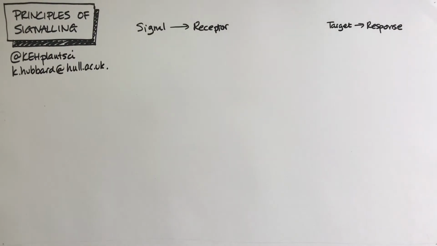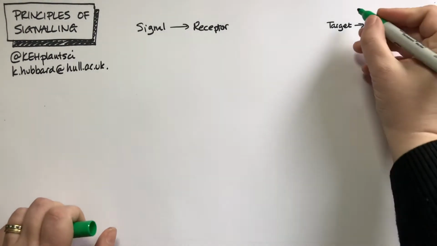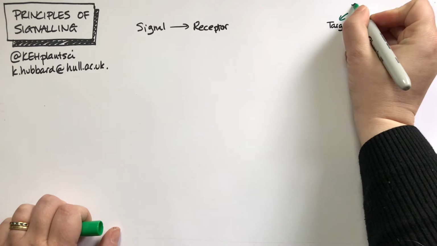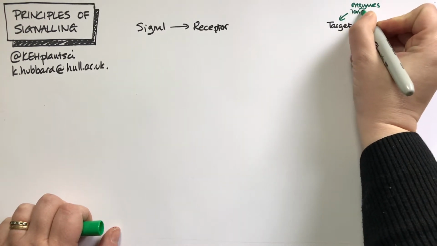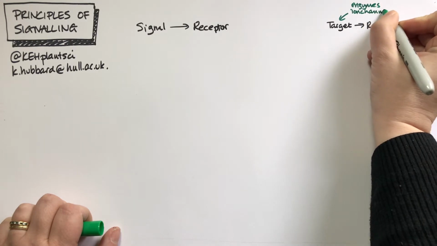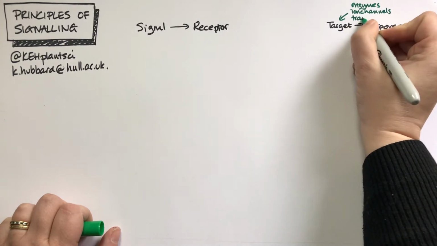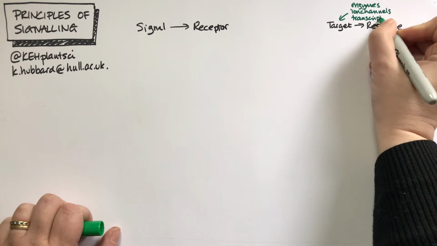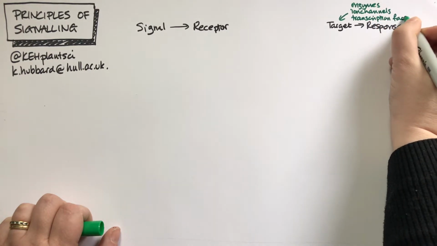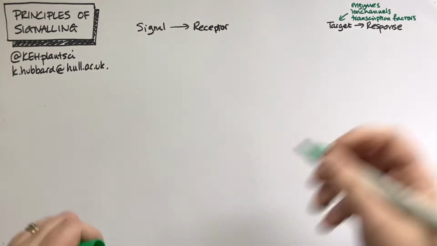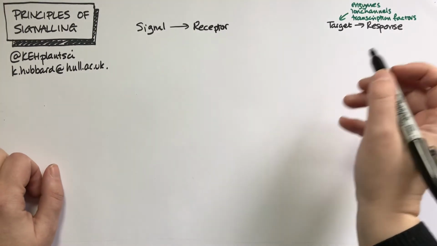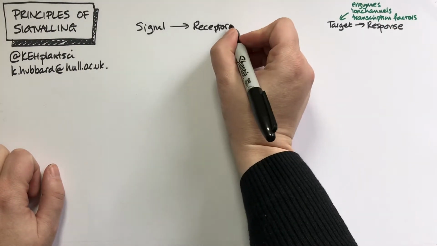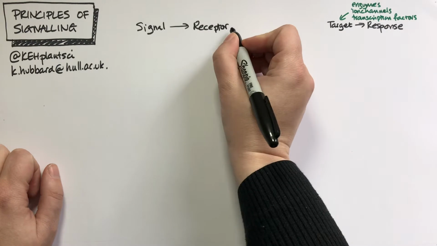Target proteins could be enzymes, they could be ion channels or transporters. They could be transcription factors if we're trying to switch on a gene. It could be other things within the cell, but those are the three most common target proteins that we have. So if we activate the target, we'll get a response. And between the receptor and the target, we have a number of steps.